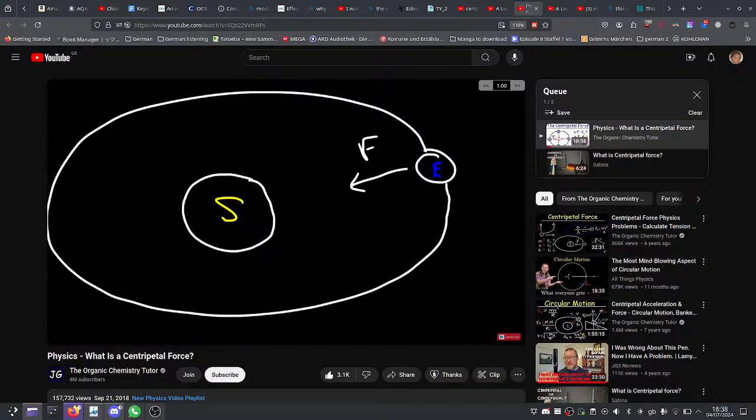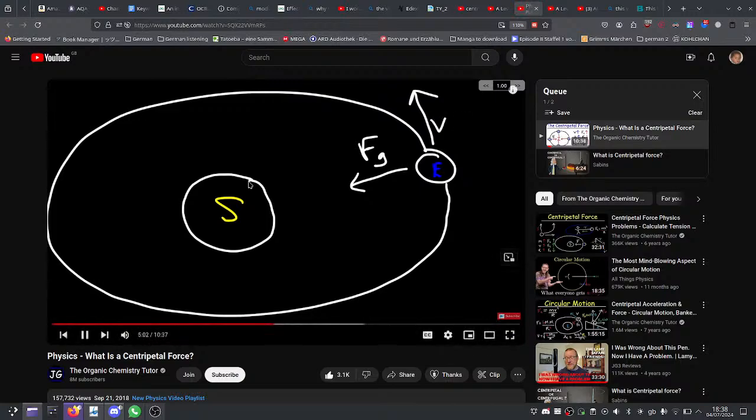What force provides the centripetal force in this case? The force that keeps the earth in orbit around the sun is the gravitational force. And so gravity provides the centripetal force in this example. Without gravity, the earth would fly off on a tangent away from the sun, deep into outer space.